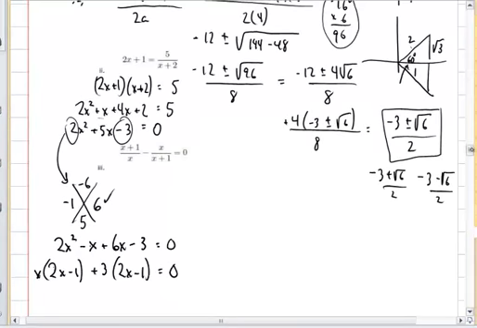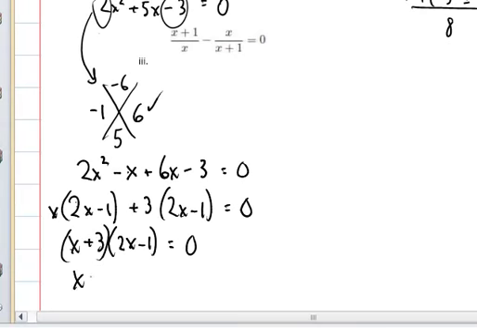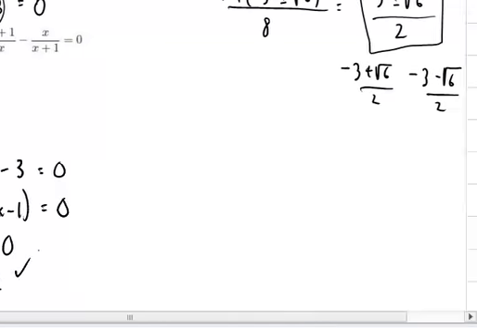And now I can find my factors, and my answers to this are x plus 3 equals 0, so x equals negative 3, and 2x minus 1 equals 0, so I have x equals 1/2. So those are my two zeros.